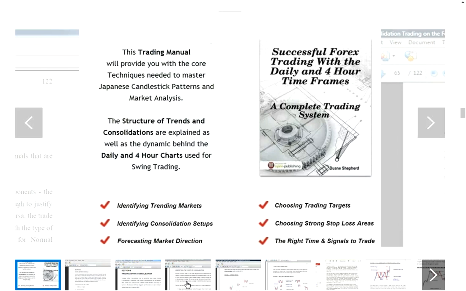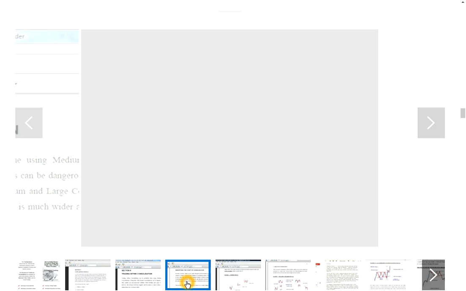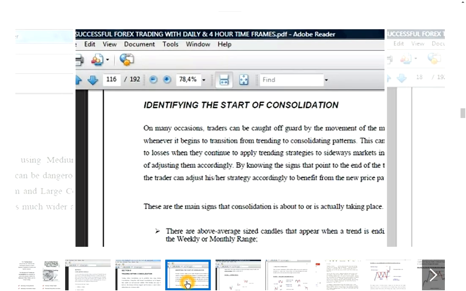So in the section of the trading manual that deals with the formation of consolidation, you will find several examples and several patterns to look out for when identifying and predicting the formation of consolidation. So once you know what those are, you can be in a much better position to handle the change in market movements of the currency market and to take advantage of them as the market forms the consolidation setup.